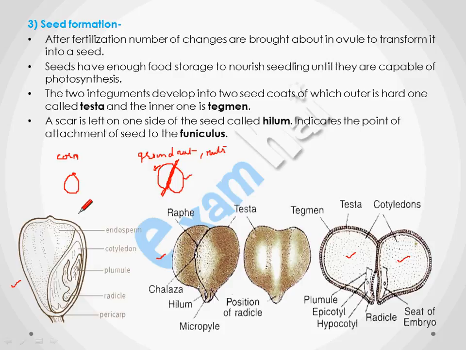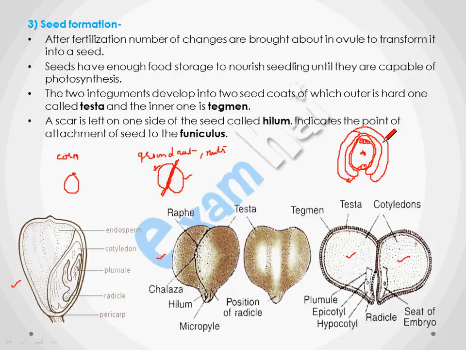If you consider the diagram of the embryo sac again, it has two outer integument layers. These two outer integument layers will become the two seed coats.